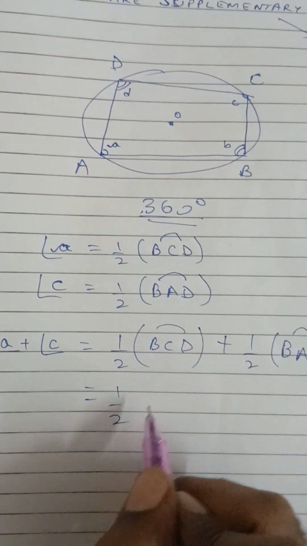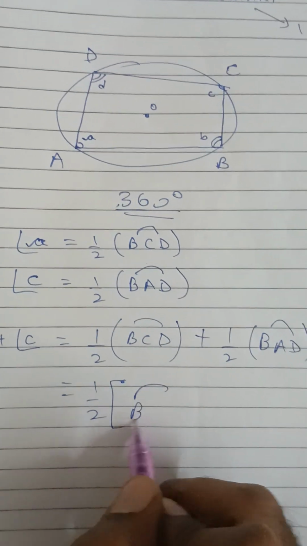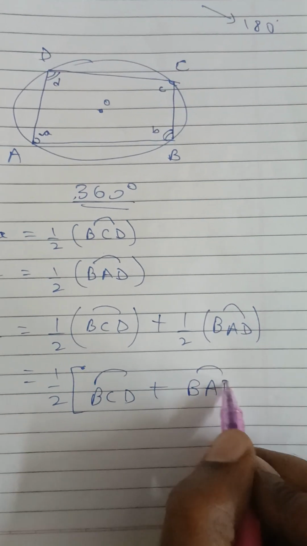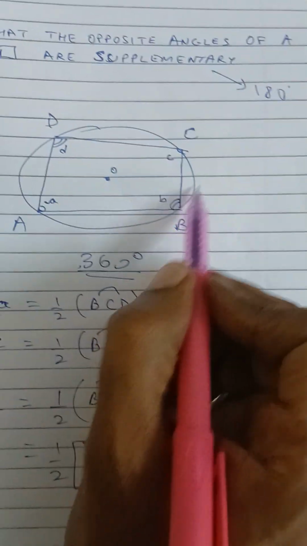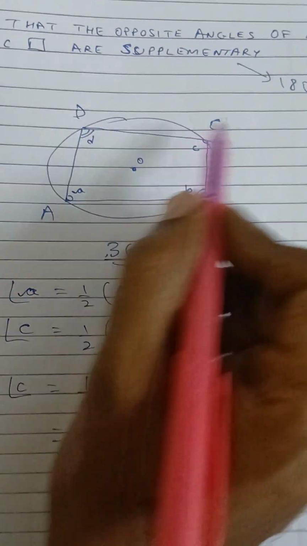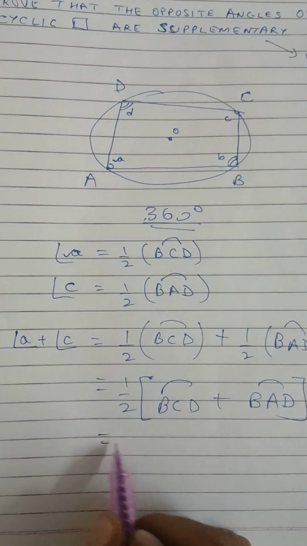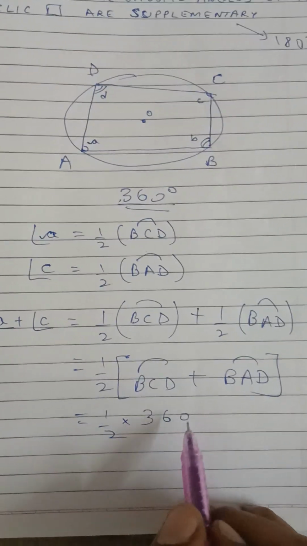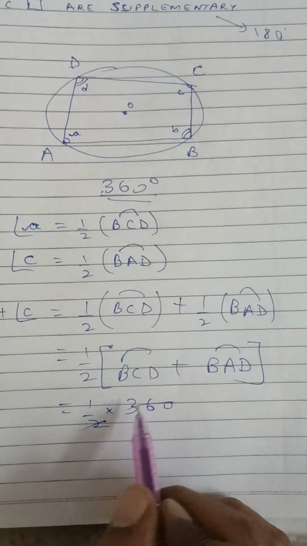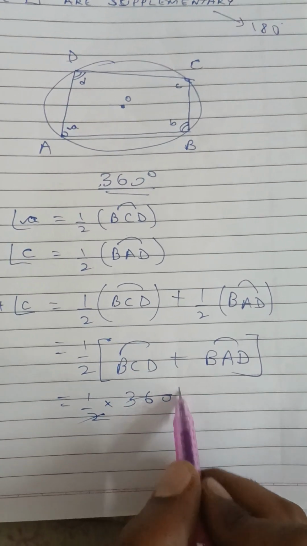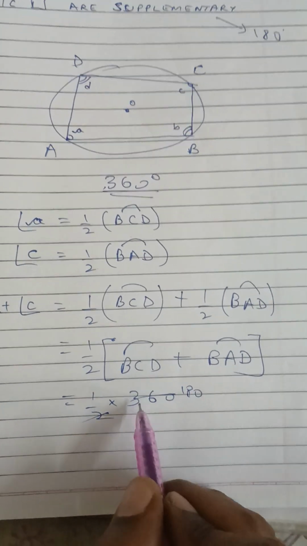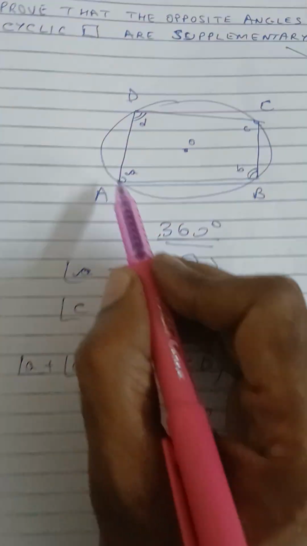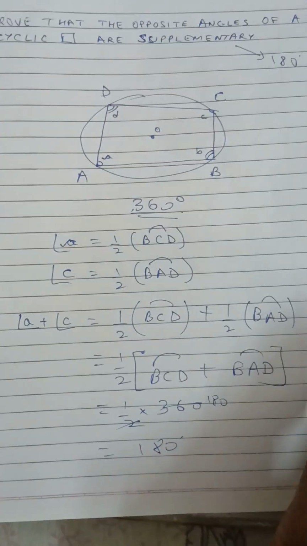Half will be common, so I'll get BCD plus BAD, that is arc BCD and arc BAD. Arc BCD and arc BAD together will make 360, that is half of 360, the sum of arcs of a circle. I cut and I'll get now 2 1s are 2, 180s are, so that will be 180 degrees. So angle A plus C will be 180 degrees.